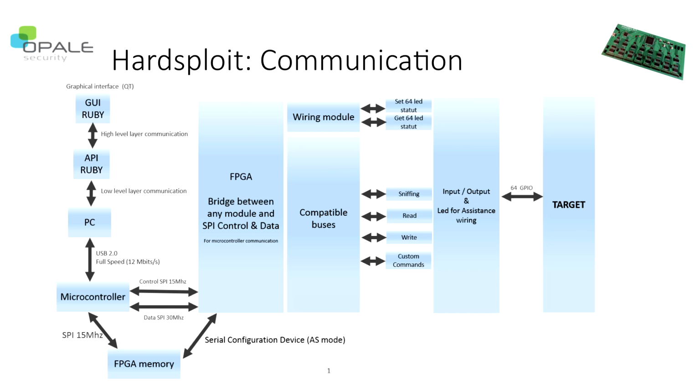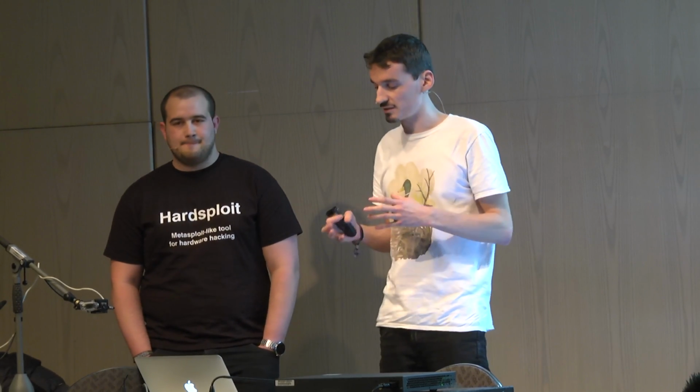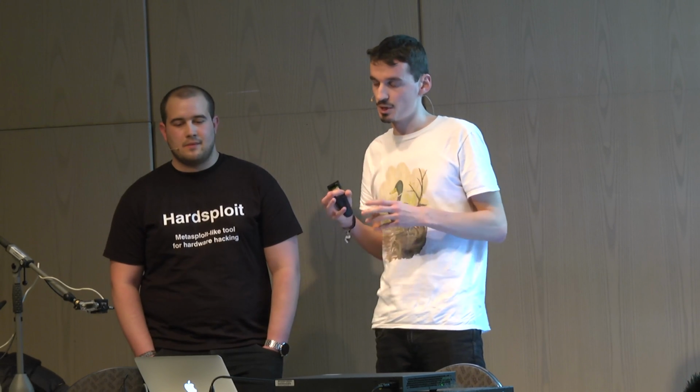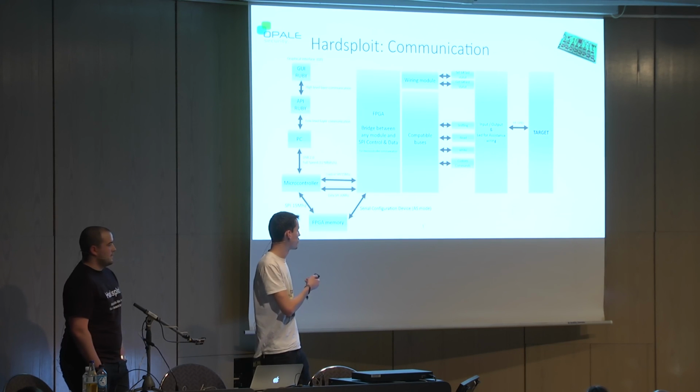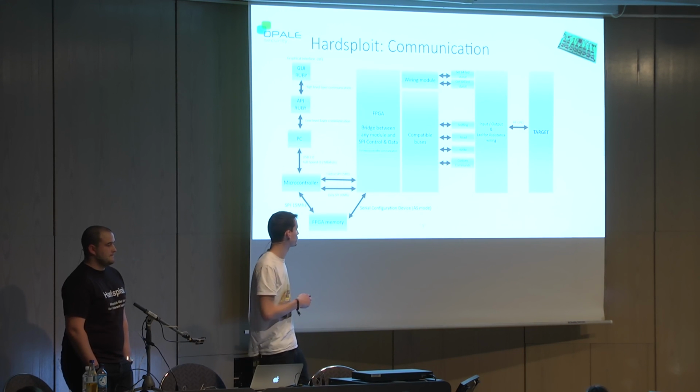Then Hardsploit uses its microcontroller as a bridge to communicate with the FPGA and the FPGA memory by using the SPI bus. Then the FPGA, that's the big part. It's this component that is going to manage all the buses we can work with. The FPGA, with the compatible bus, will be able to interact with the GPIOs of Hardsploit in order to communicate with a target.